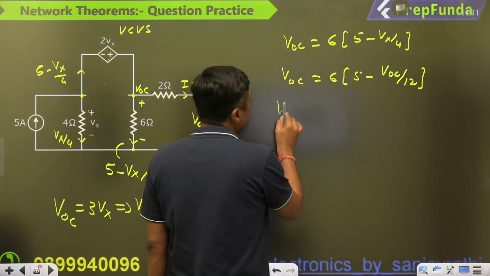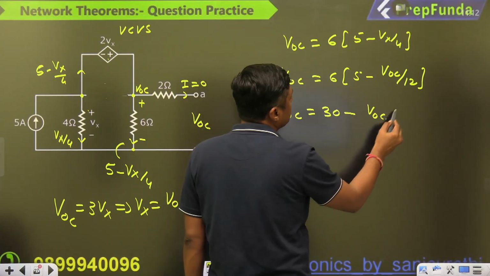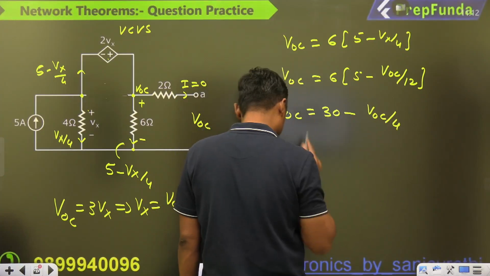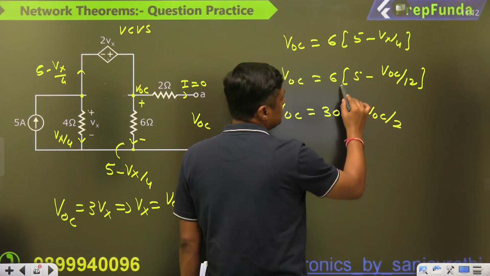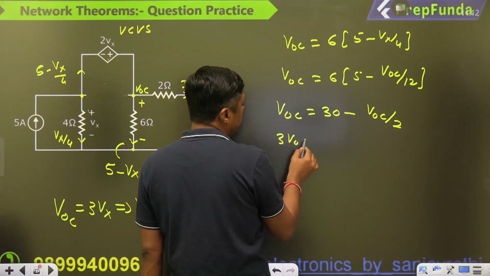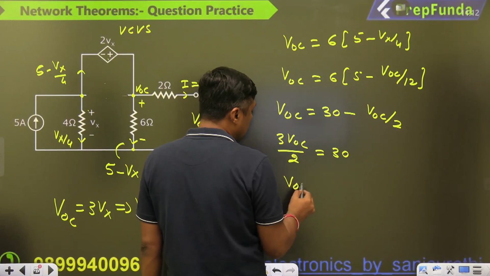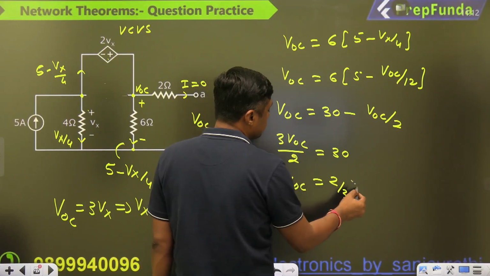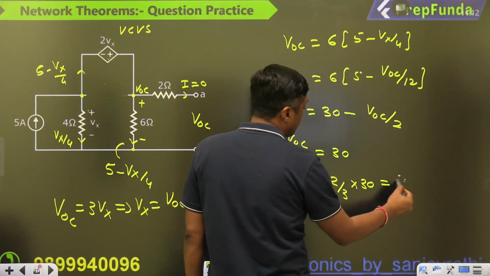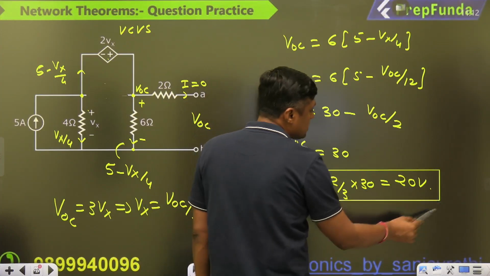Then you can write VOC is equal to 30 minus VOC by 2. So 3 VOC by 2 is equal to 30. So VOC is equal to 2 by 3 times 30, 20 volt. 20 volt is the value of the VOC.